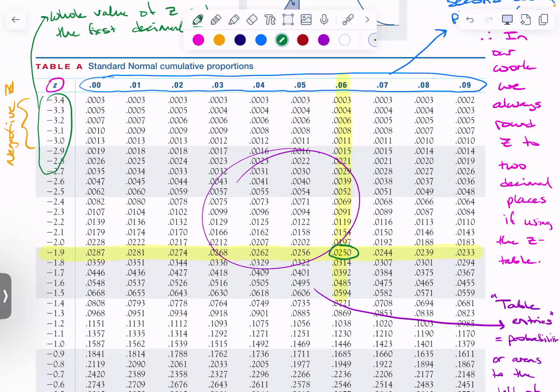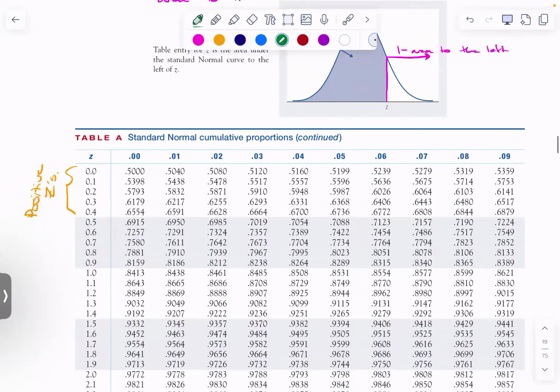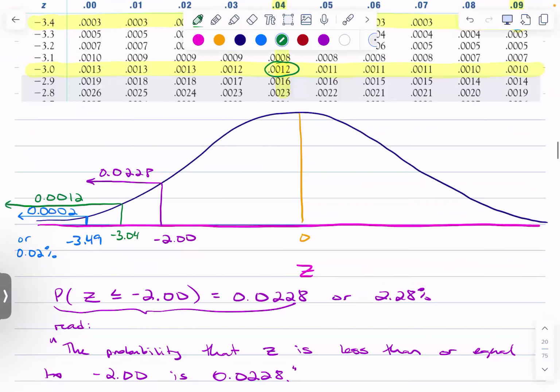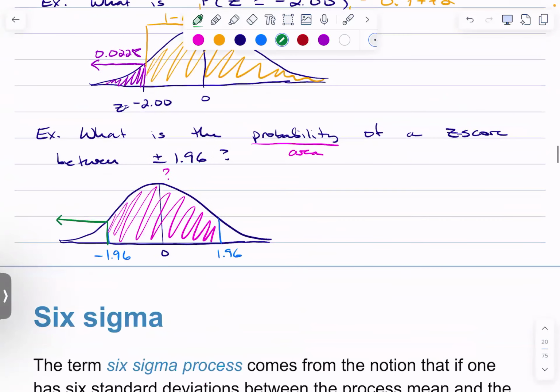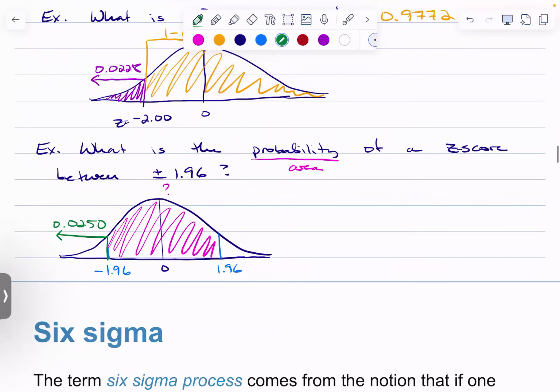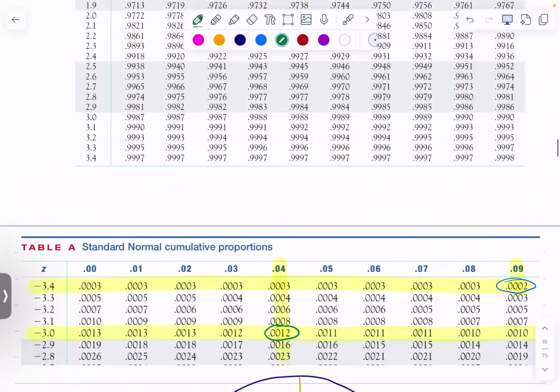That's a nice clean cut, which is why I chose it. We can check on the positive side of 1.96, right? Z is positive 1.96. What if we go there?